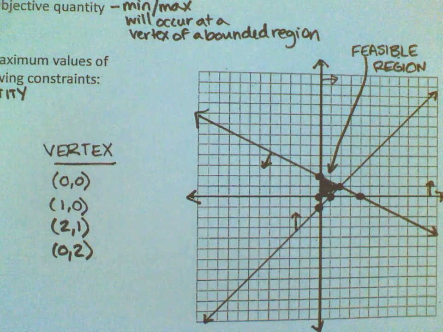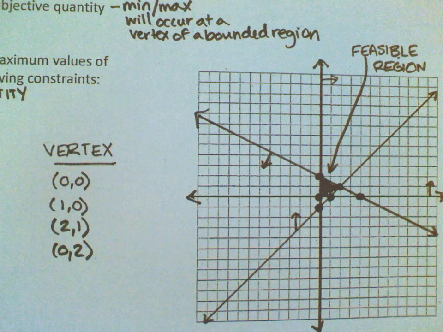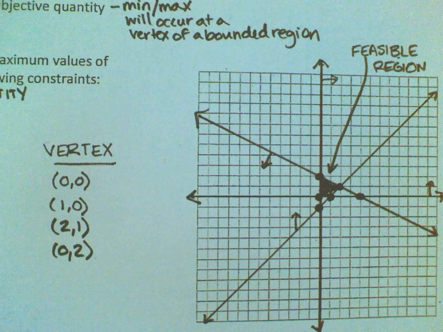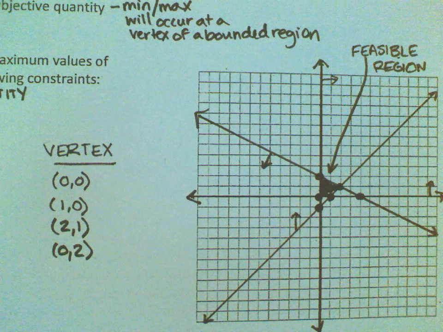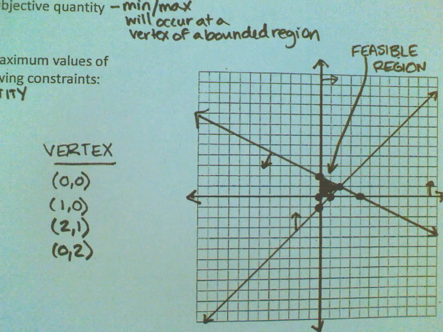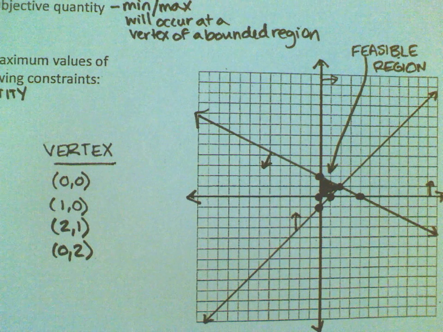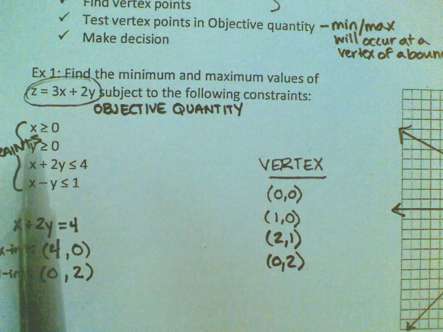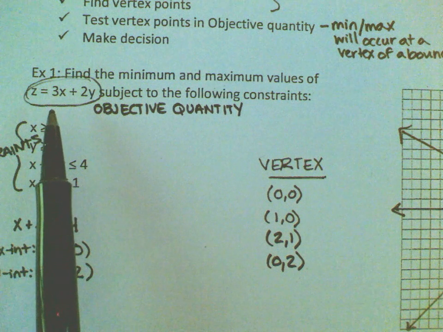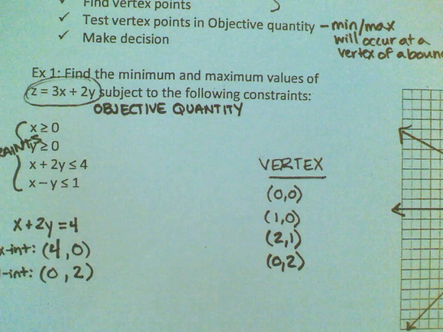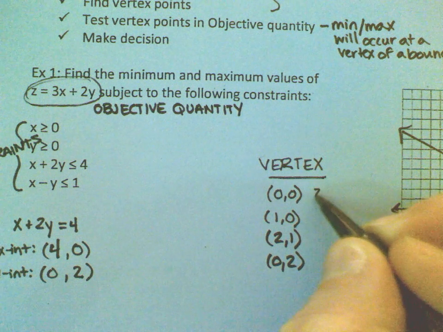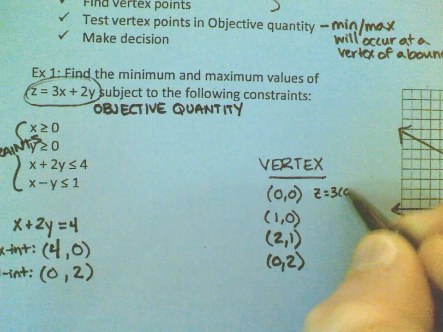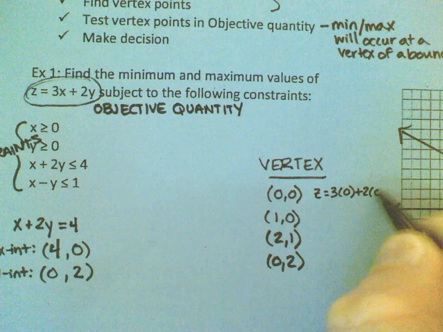If you have a maximum or minimum for the bounded region, it will occur at one of those vertices. So we just have to plug them into that objective quantity and see which one gives us the highest and the lowest values. So remember we had listed our objective quantity as z equals 3x plus 2y. So z equals 3 times 0 plus 2 times 0.